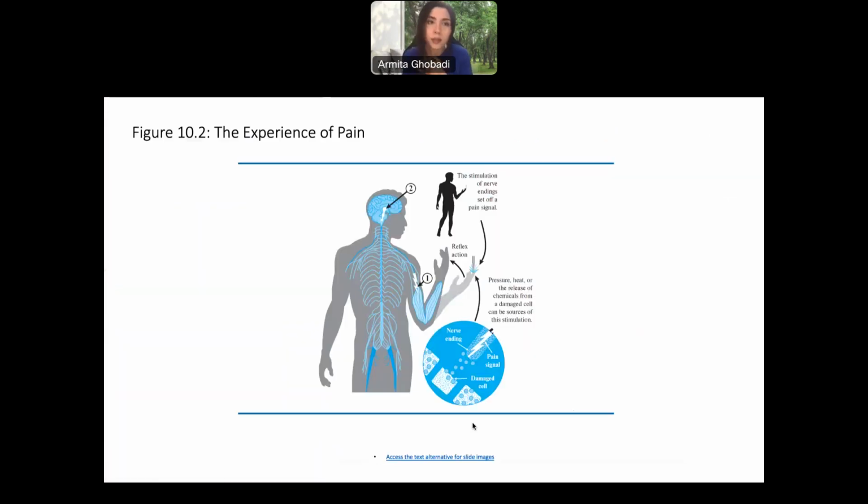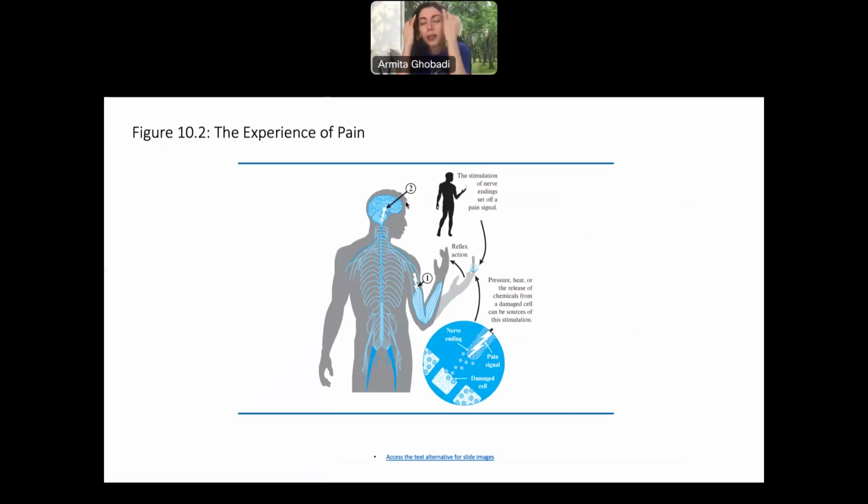Also, this figure is important too. Here, basically what I was trying to talk about is that whenever you are having pain, there's going to be some sort of reflex action. Your pain is going to go to your spinal cord, and after that, your brain is going to do cognitive judgment, which is again your cerebral cortex, which is going to judge the processes.